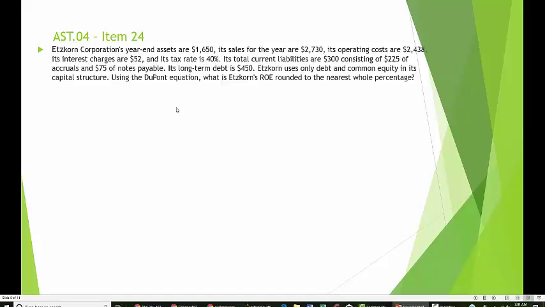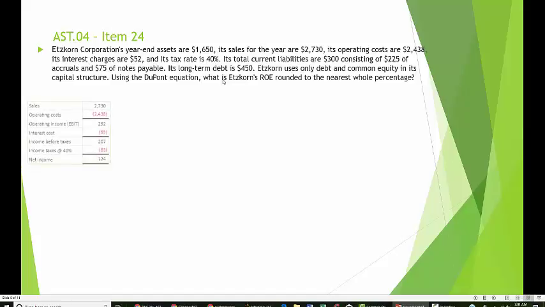It had total liabilities of $300, consisting of $225 of accruals and $75 of notes payable. Its long-term debt is $450. Etzkorn uses only debt and common equity in its capital structure. And using the DuPont equation, what is Etzkorn's return on equity rounded to the nearest percentage?